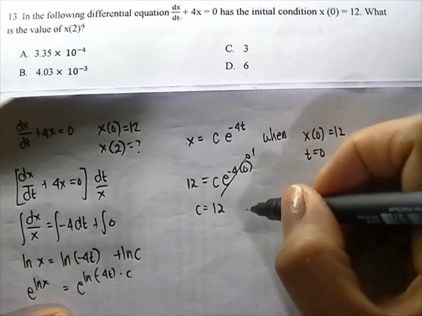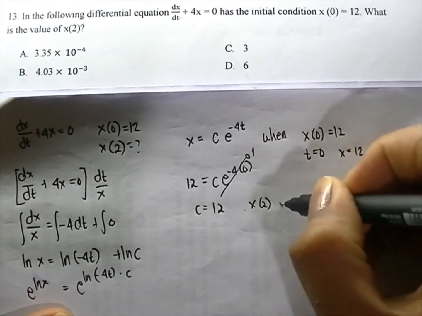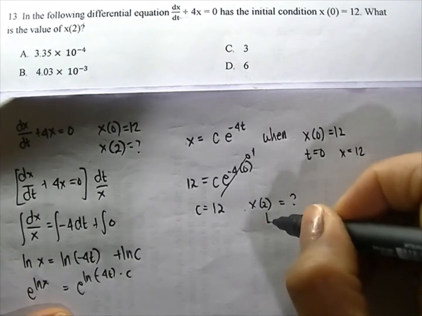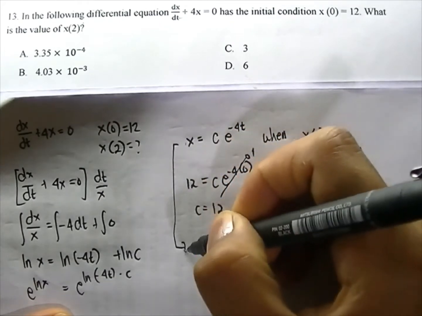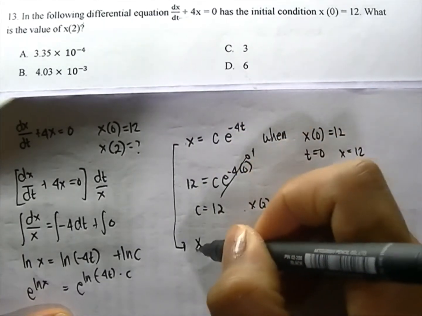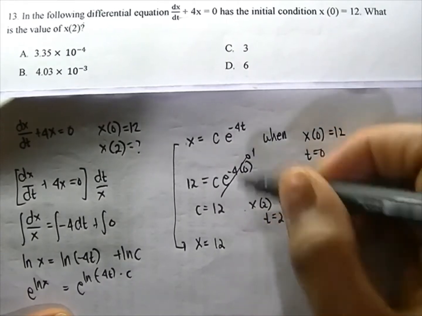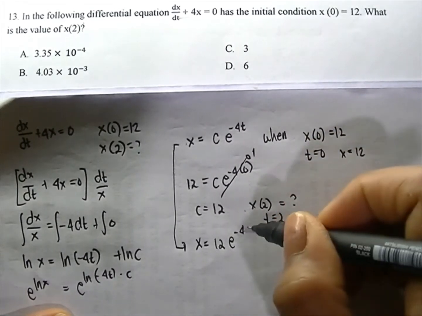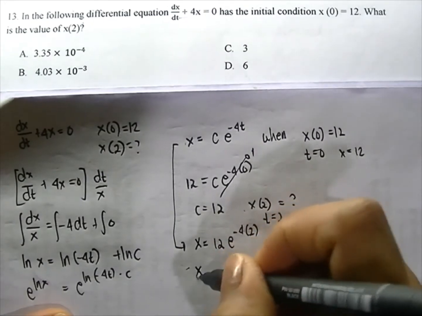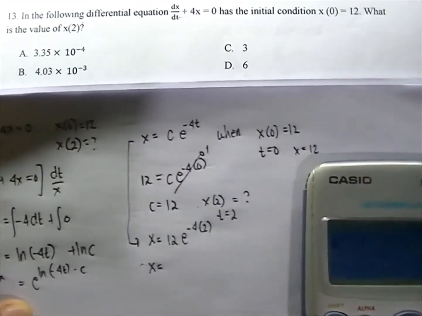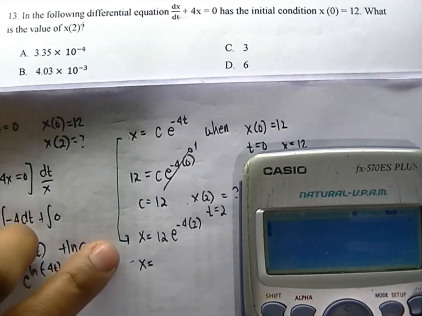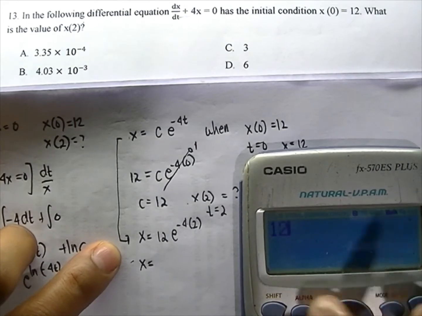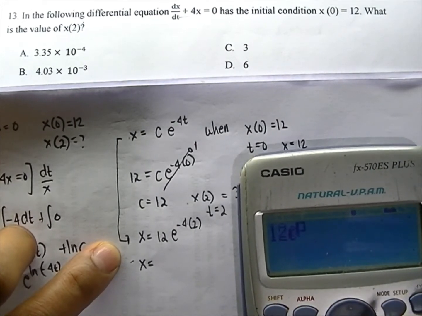So when c is 12, then x of 2 is unknown, t is 2, and c is 12. Therefore, substitute here. We have x equals 12 times e raised to negative 4 times 2.